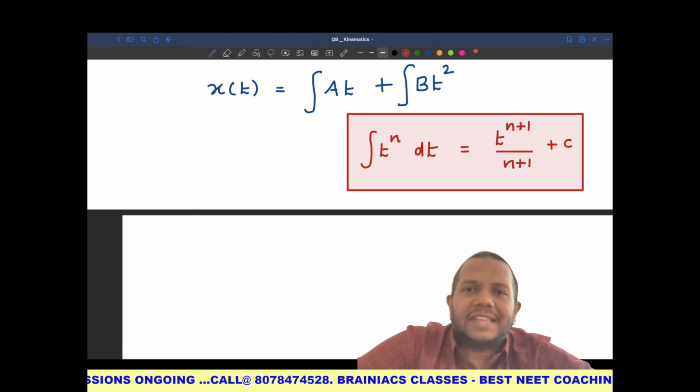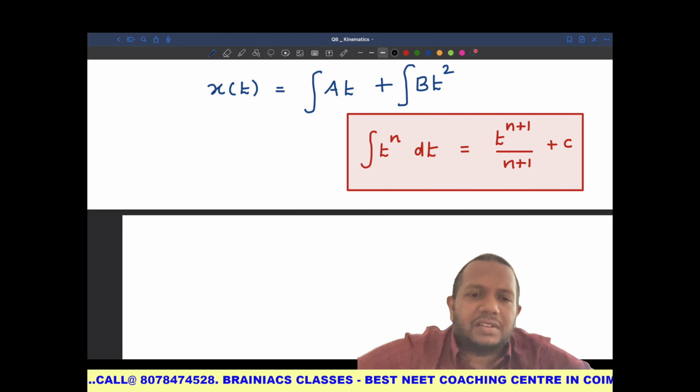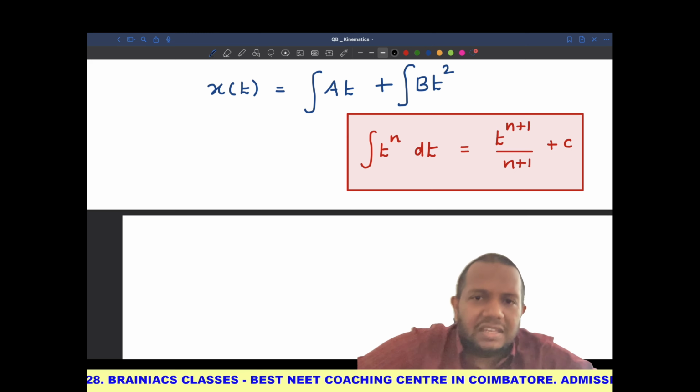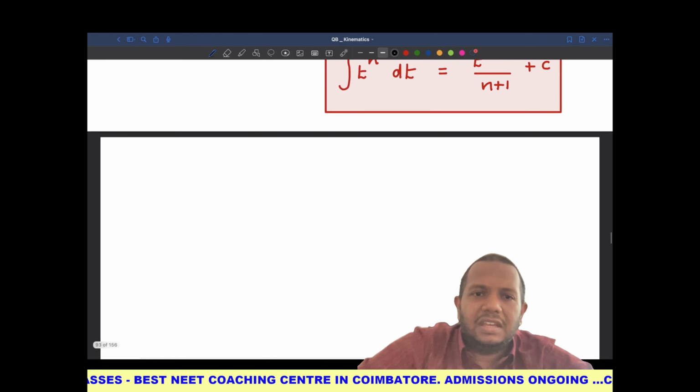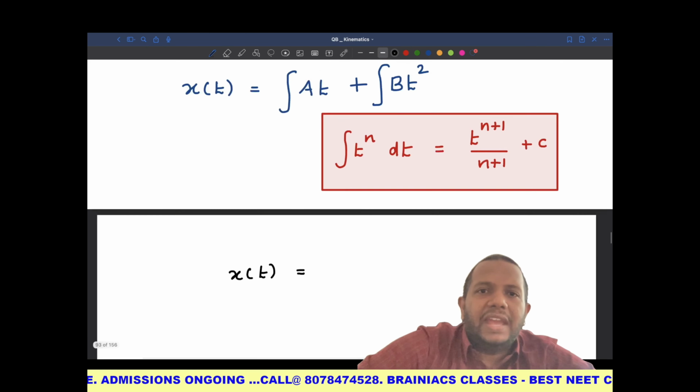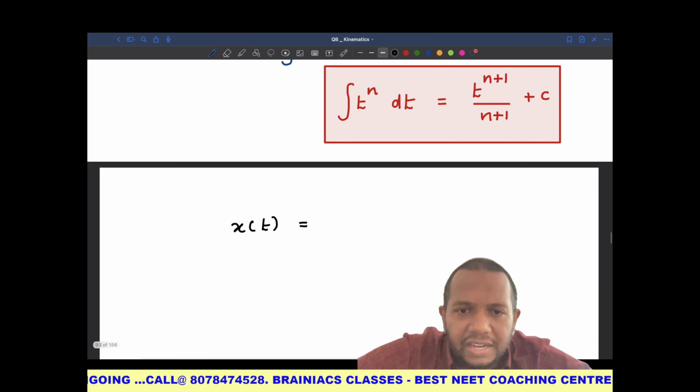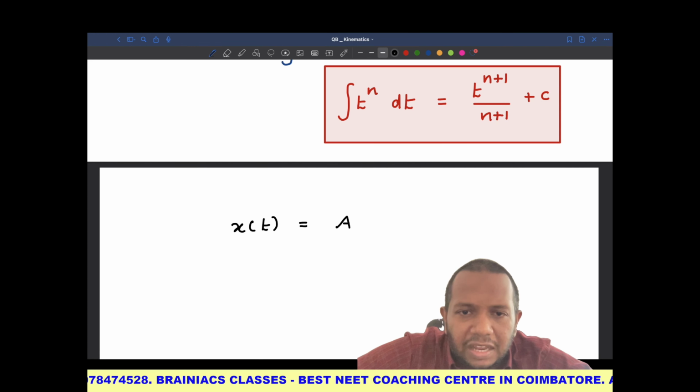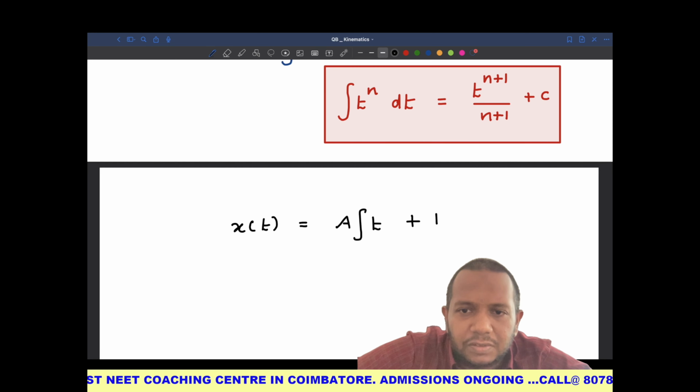With the same understanding I am going to do the integration for this one. So x of t is equal to a, which is a constant, I can take outside, into the integral of t dt. I will do the integration in the next step.